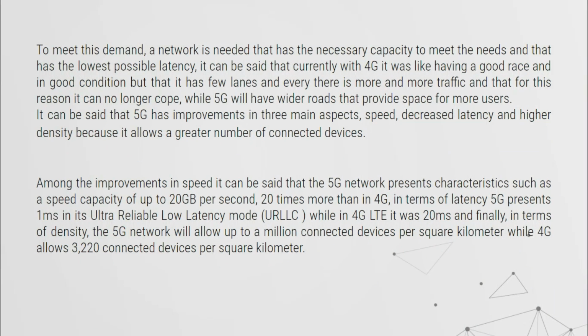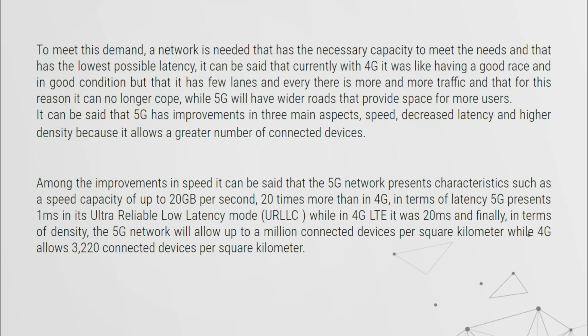To meet this demand, a network is needed that has the necessary capacity and the lowest possible latency. It can be said that currently 4G is like having a good road in good condition, but it has few lanes and there is more and more traffic, and for this reason it can no longer cope, while 5G will have wider roads that provide space for more users.